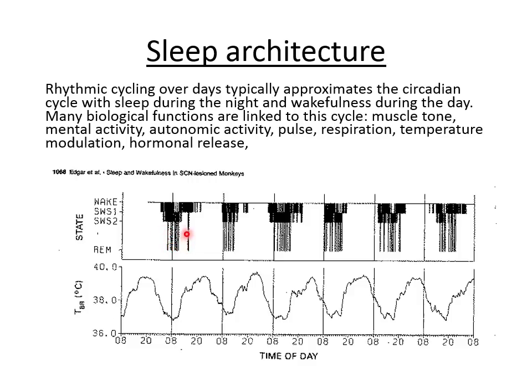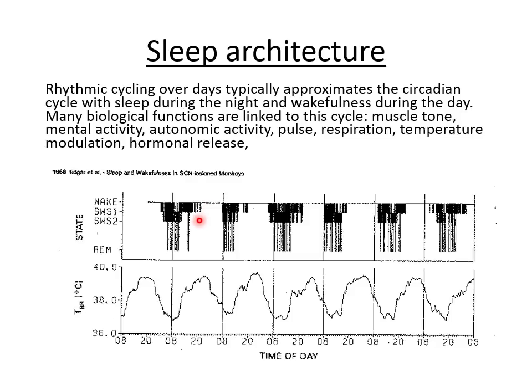Then the next day they wake up, they're awake for long periods of time, and then they cycle down on a circadian rhythm. About every 24 hours they'll have a period of sleep and a period of wakefulness.